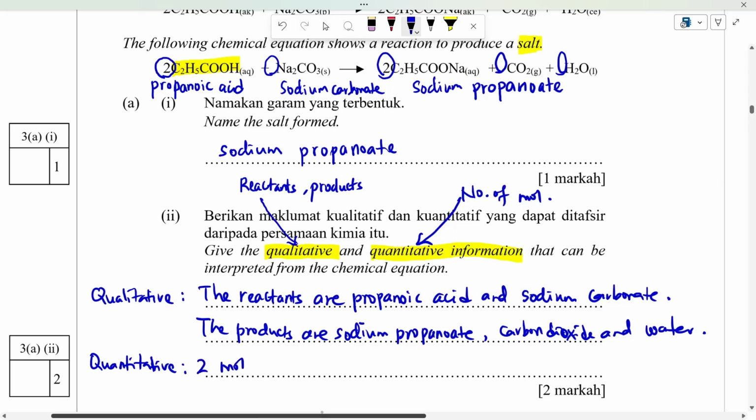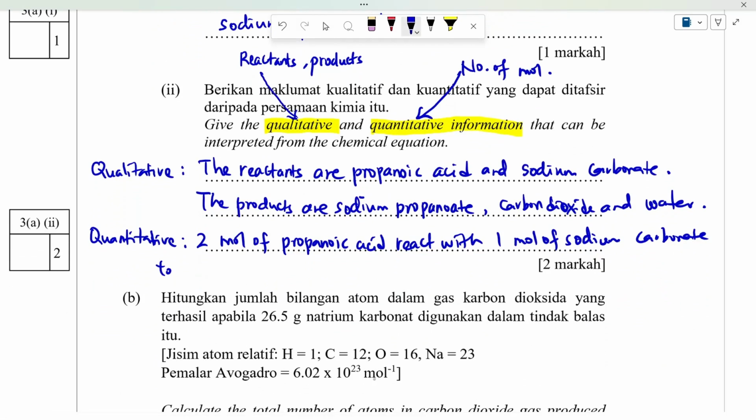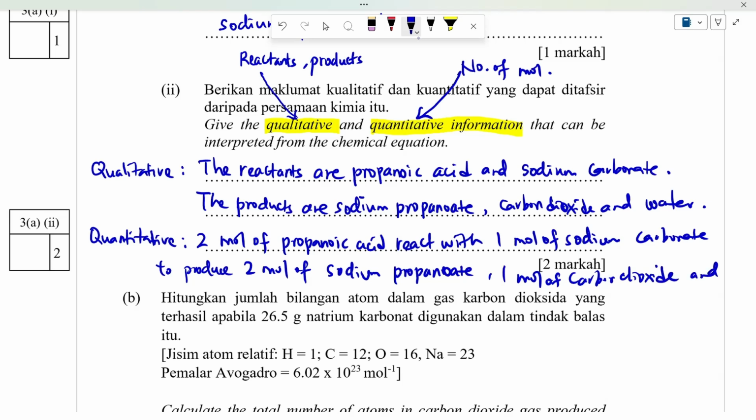So 2 mole of propanoic acid react with 1 mole of sodium carbonate to produce 2 mole of sodium propanoate, 1 mole of carbon dioxide and 1 mole of water.